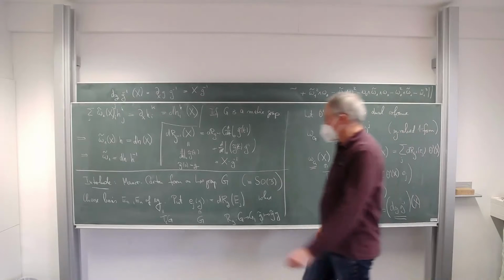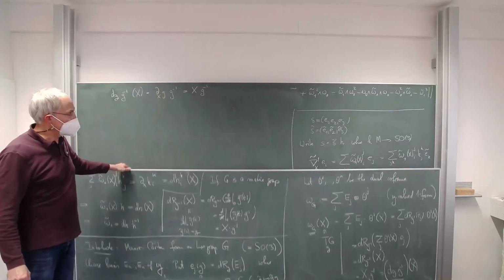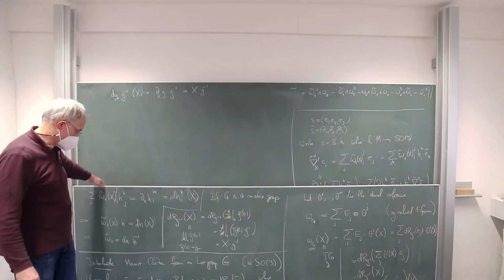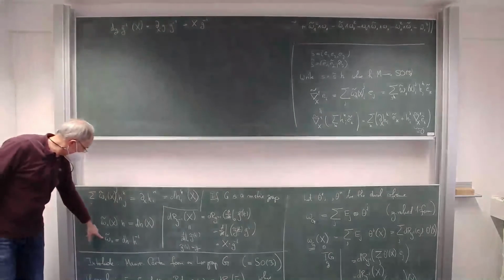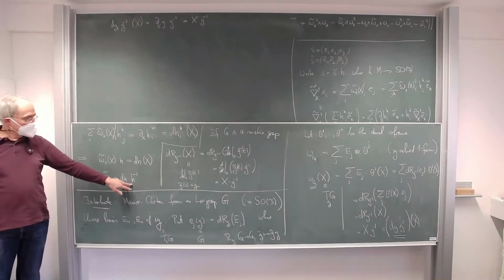Why? Well, because we have just encountered such a term. We briefly computed it. Where is it? It's here. So that's the kind of thing we just obtained for a function that is G-group valued.